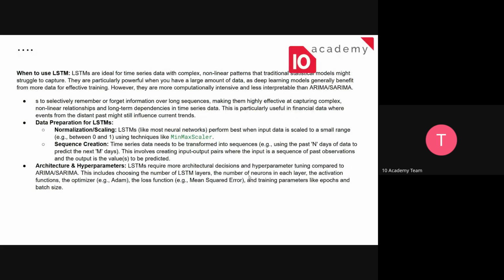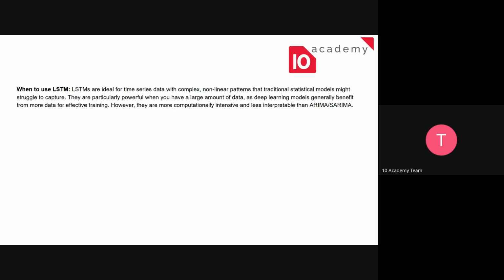So the second part is the data preparation in the architecture. Specifically, when to use the LSTM model: they are ideal for time series data with complex nonlinear patterns that traditional statistical models might struggle to capture. This directly emerges from the disadvantages of ARIMA and SARIMA.